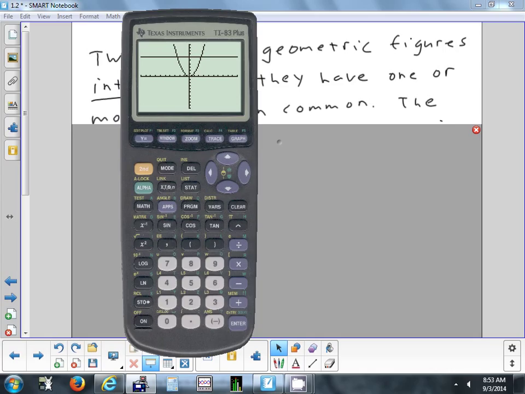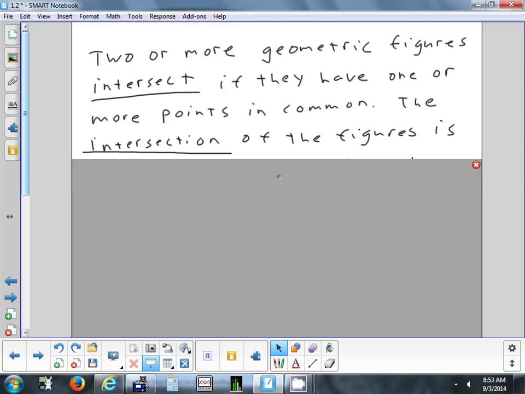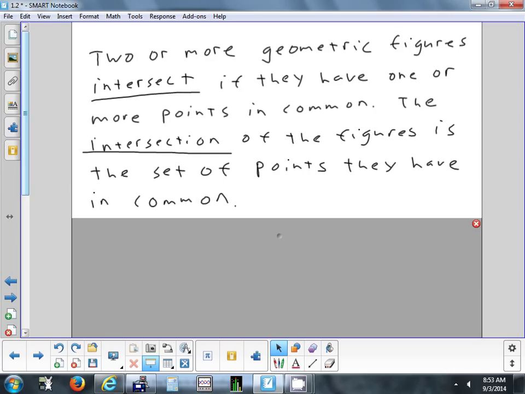That's algebra. Or we can also use a graphing calculator to find where it crosses. But the point is where two things cross, that's where they have a point or many points, if there's many intersections, in common. So the intersection of the figures is the actual shape that you get. It's all the points that the two things have in common.